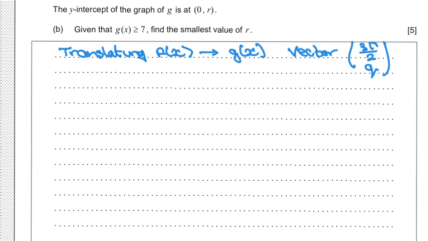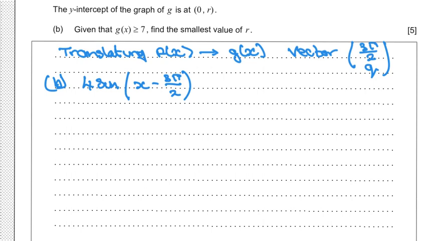In part B, we're given two important pieces of information. We're told that the y-intercept is at (0, r), and we're also told that g of x is always greater than or equal to 7. And we're asked to find the largest value of r. To do this, I'm going to use the first part of the equation, 4 sine (x minus 3 pi over 2).